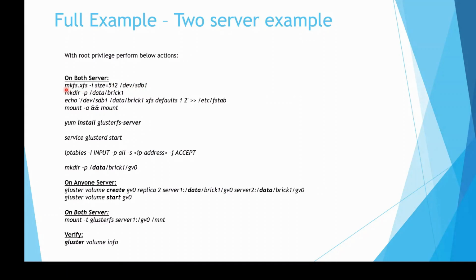In the first line we create a file system on /dev/sdb1 with block size 512K, and /data/brick1 would be the mount point for this device. And we insert a line in /etc/fstab, so that when the server reboots or starts, it also mounts the device in this brick1 folder.